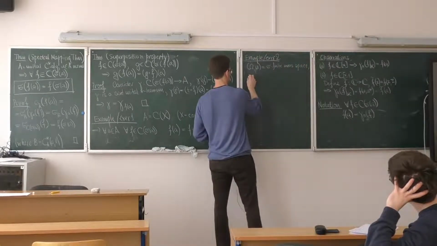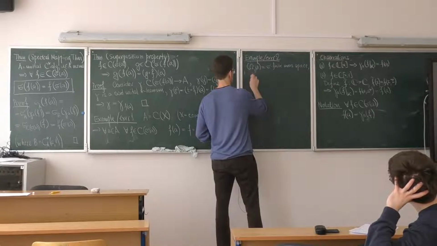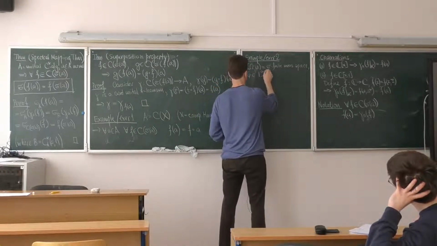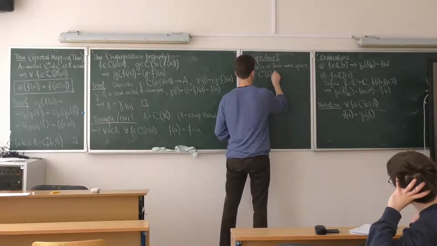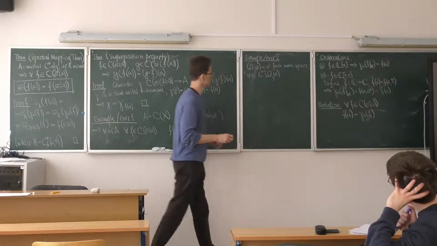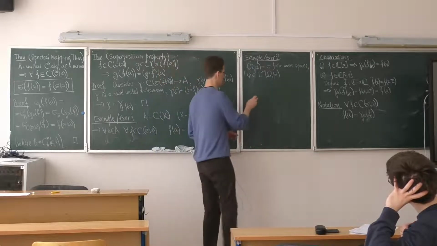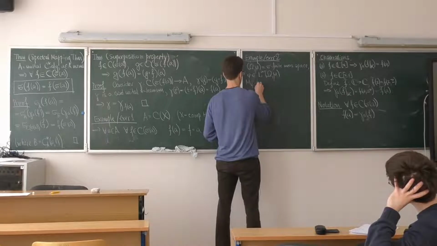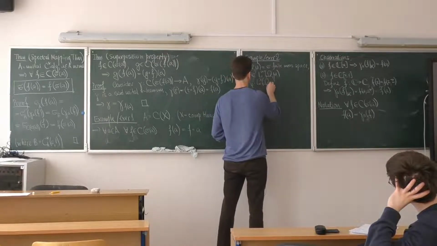And suppose that phi is an essentially bounded measurable function from omega. And let's consider the multiplication operator m phi, which acts on the L2 space.